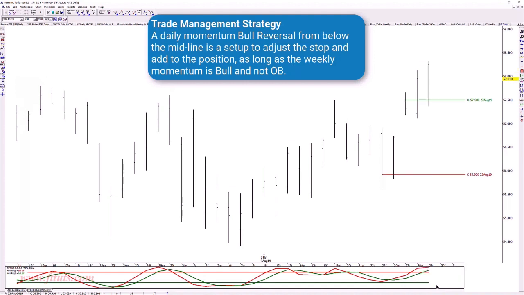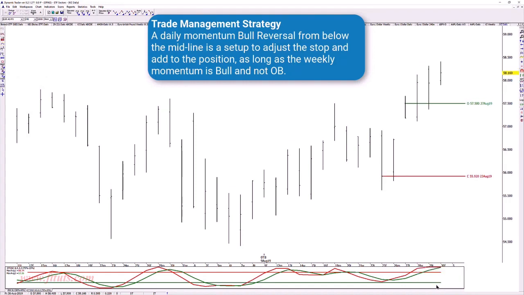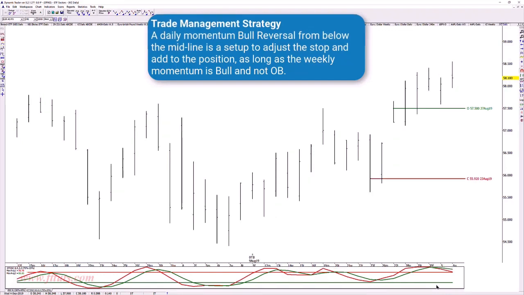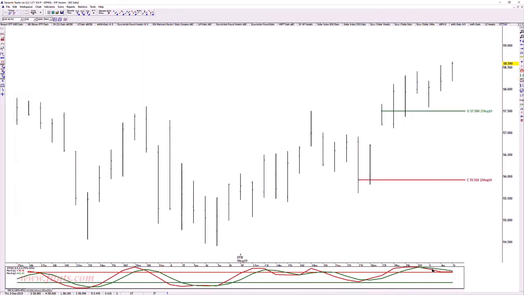So let's just keep adding some data until we come to an event to which we would make a trading decision. So the daily momentum's made a bear reversal from the overbought zone. That's not an event to which we adjust the stop yet. We want it to make a bull reversal, and generally a bull reversal from what I call below the midline.